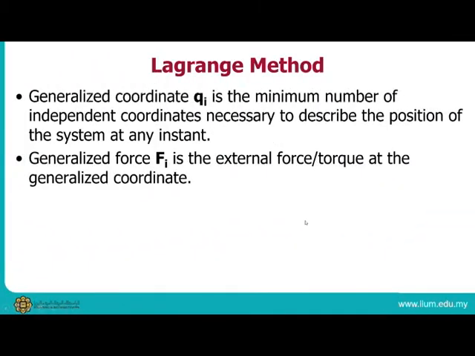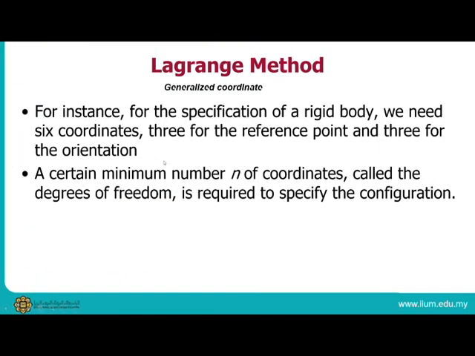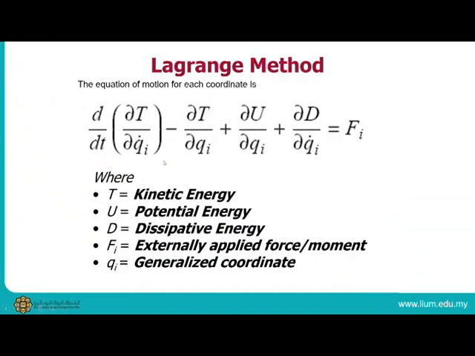So in the Lagrange method, what you need to do is create a q as your variable, as your minimum number of independent coordinates. If you look at an example, you will understand better. So you got a force or torque in your system. Okay, this is the general equation for Lagrange method.